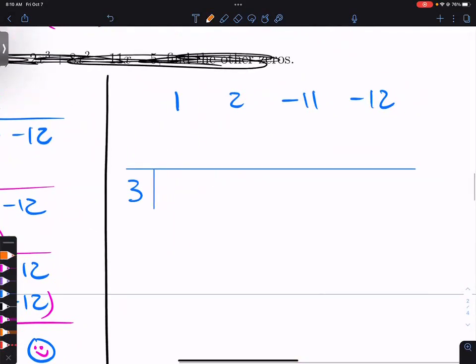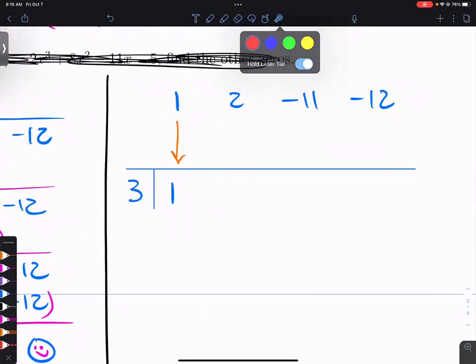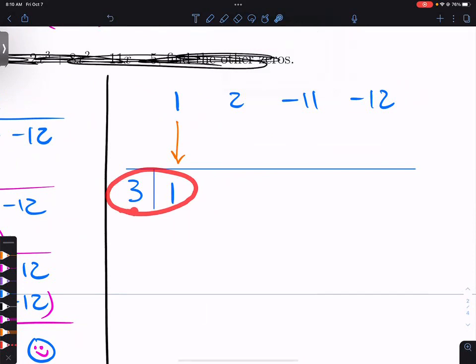The way synthetic division works, you carry this down. Then you multiply: 3 times 1, and put that right here. And then add down the column. So 2 and 3 is 5.